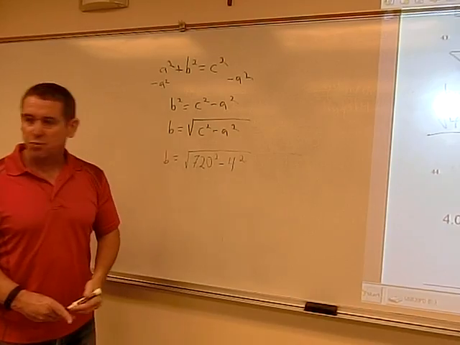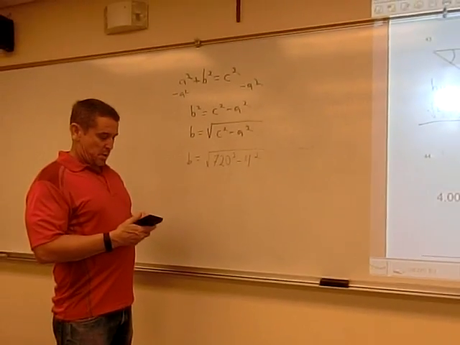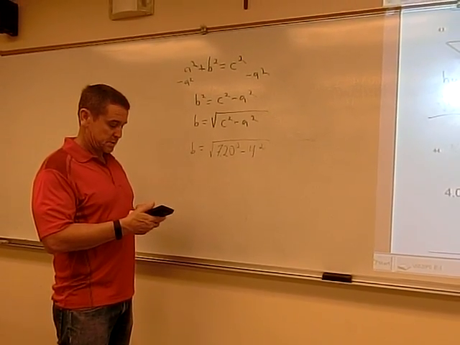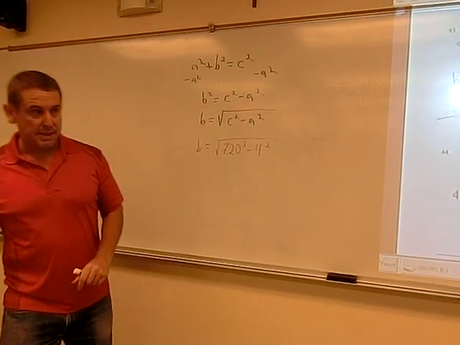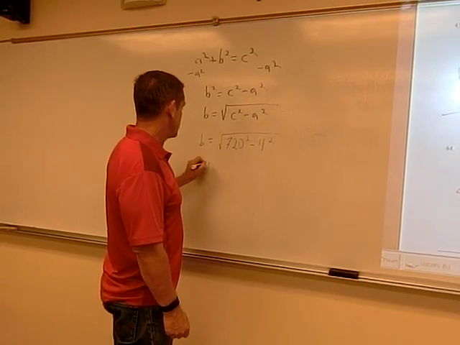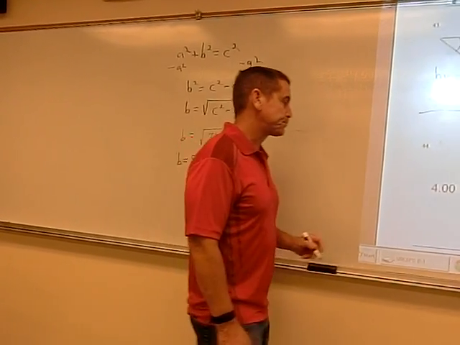Since it's not nice round numbers, I'll get the decimal version. Take the square root. We get 5.99. So b is equal to 5.99. I can believe that.